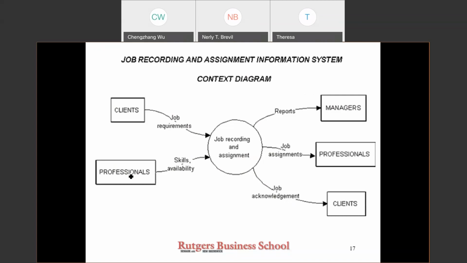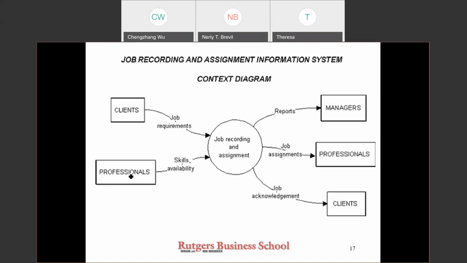Clients specify the requirements for each job. Professionals provide input regarding their skills and their availabilities. Outputs from the system comprise acknowledgements of jobs to clients, jobs assignments to professionals, and the reports of jobs created to managers.